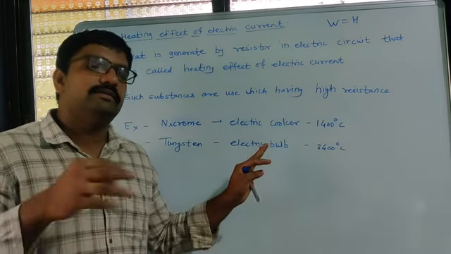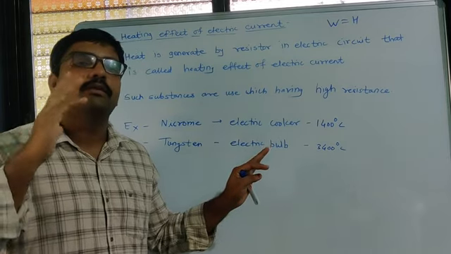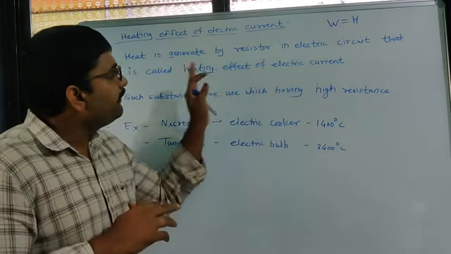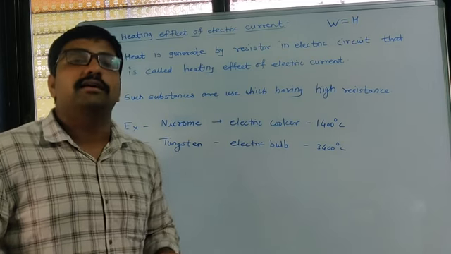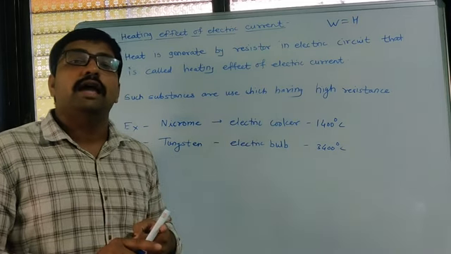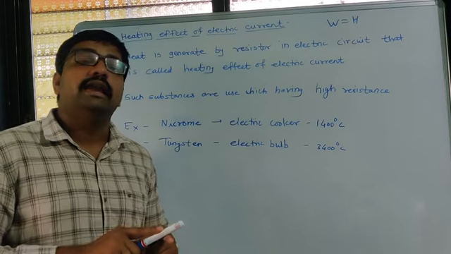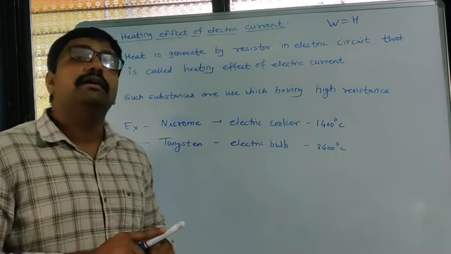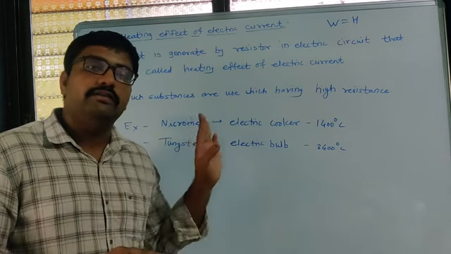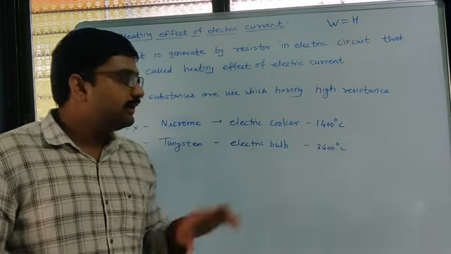In some cases light, in some cases heat. So this effect is called the heating effect of electric current. Heat is produced across a resistor in an electric circuit due to the electric current. That is simply called the heating effect of electric current.